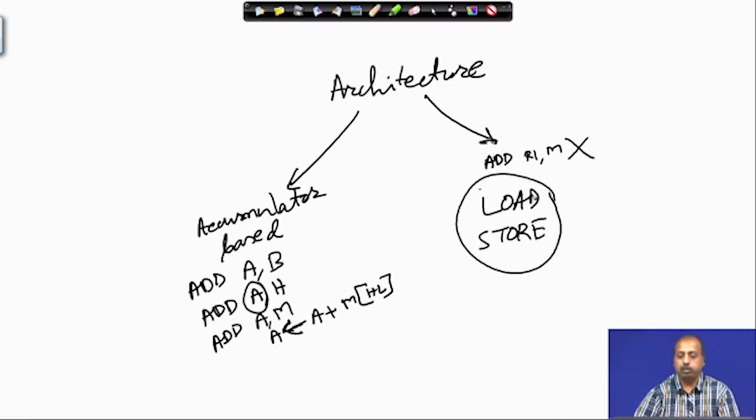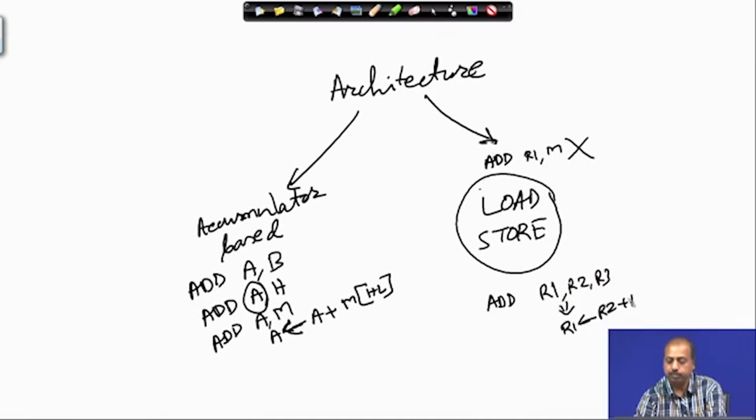If I am following a load store architecture, then whenever I am doing an operation, say addition, the operands must be registers. So maybe add R1, R2, R3, which may mean that R1 gets the content of R2 plus R3. But before that I have to load R2 and R3 with proper values.